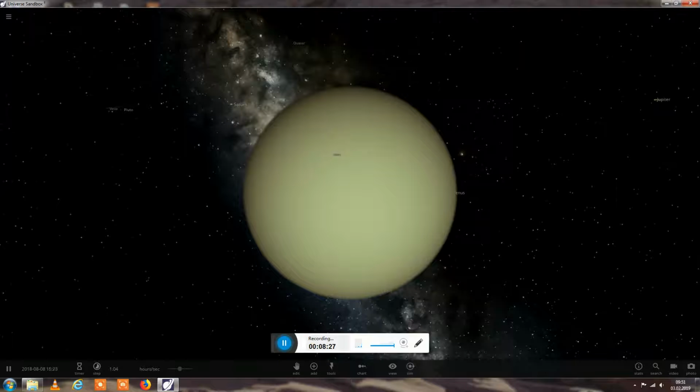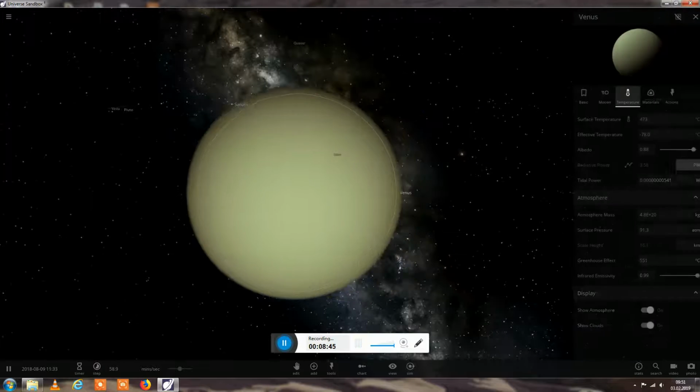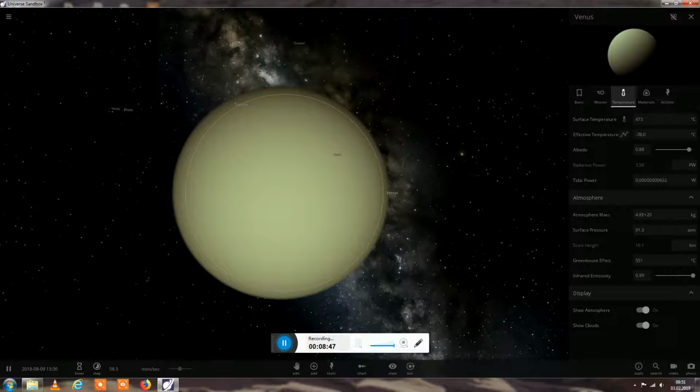However, we won't be able to land on the surface itself because the atmospheric pressure is 90 times greater than here on Earth, and also the temperature is very high, up to 470 degrees Celsius. So landing on the surface itself won't be possible.